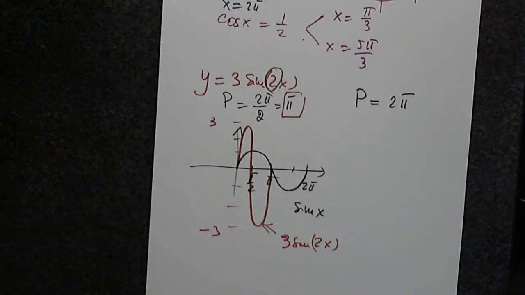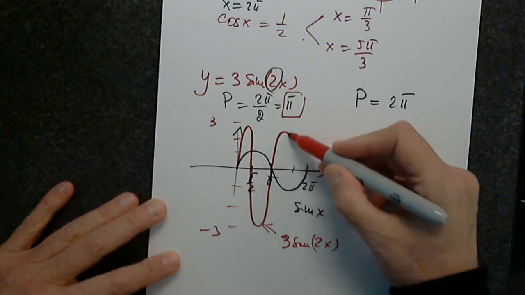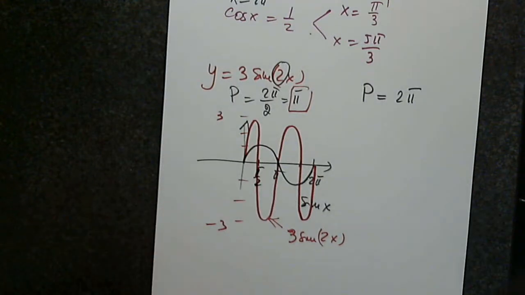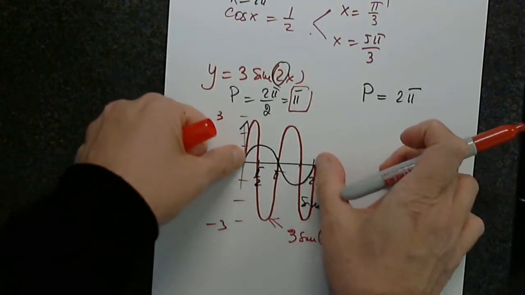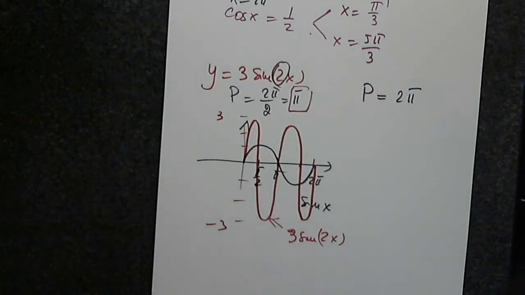So in my graph, to have the exact same thing, they also presented one more period because I chose 0 to 2 pi. If you have chosen this, it would have been just one complete graph. Any questions? This is a lot.